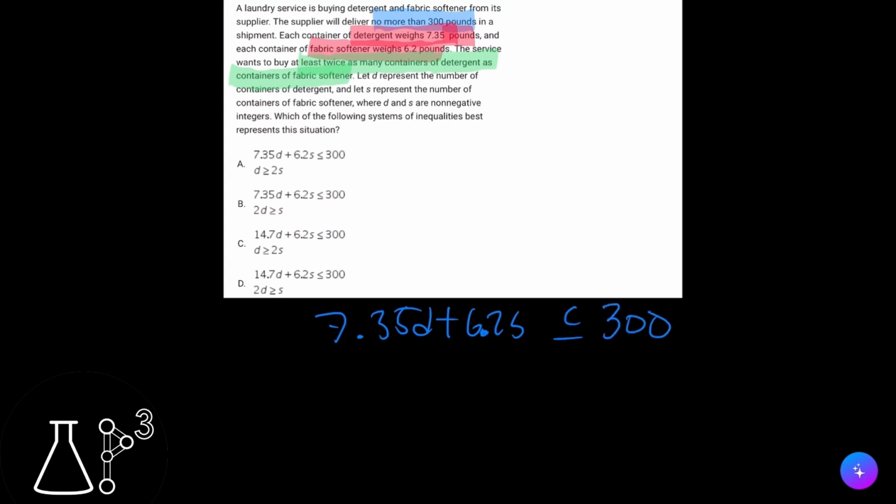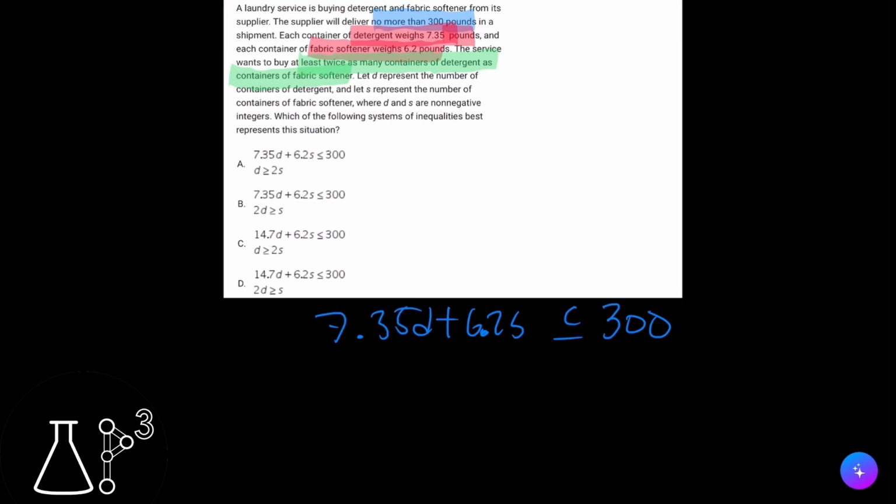As we can see, all the answers have that inequality that I wrote, so we can't cross anything out. However, look at what I highlighted in blue. Like I said, it was important. The service wants to buy at least twice as many containers of detergent as containers of fabric softener. What does that mean? Basically, they want double the amount of detergent as they use for softener.